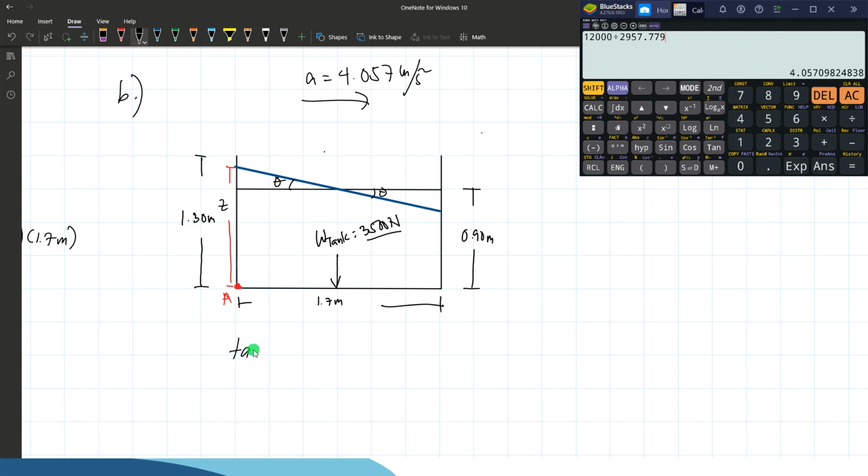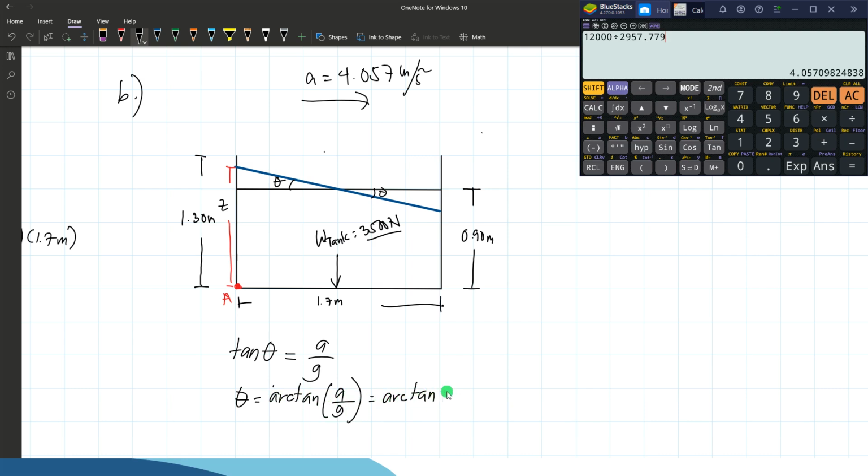So let's compute first theta. Theta is computed by the formula tan theta equals A over G. So we can now compute the angle by solving arctangent of acceleration divided by acceleration due to gravity.